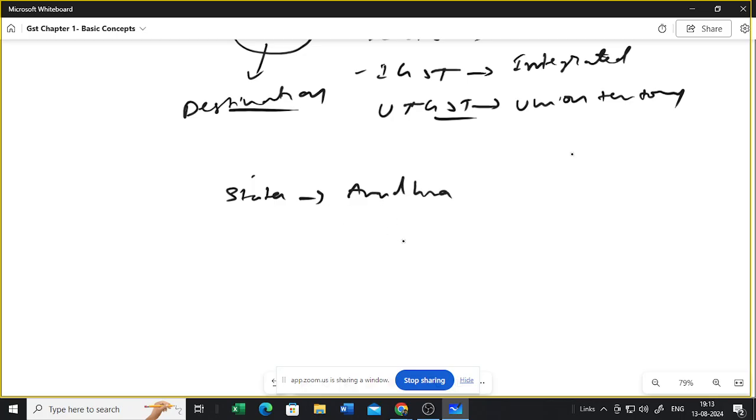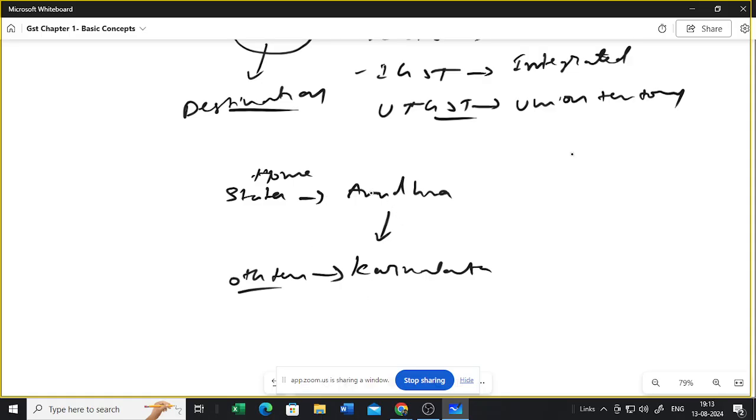Now I am selling these goods to Karnataka. So this is the other state, right? This is my home state, and this is the other state.